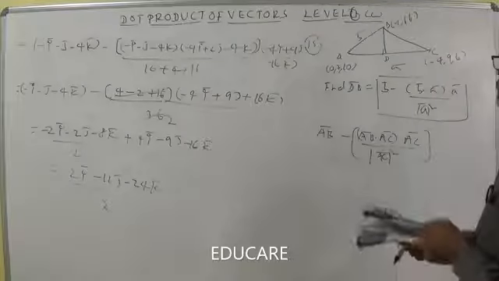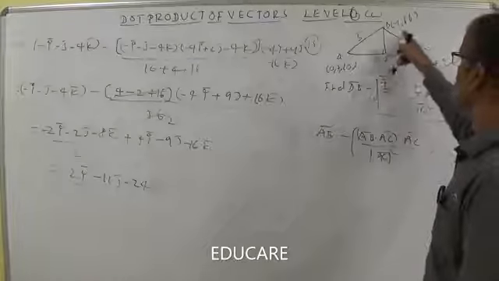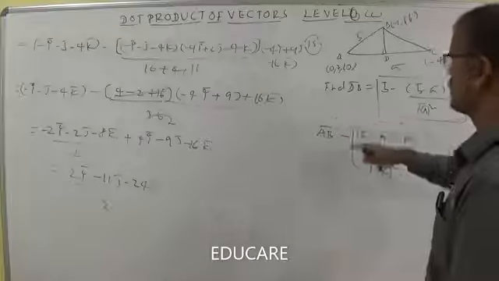is correct. So AB is OB minus OA, that is i minus 6 minus 7, minus j 6 minus 10, minus 4k, it is right.